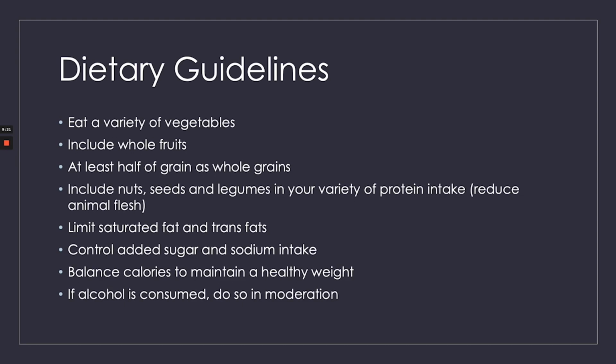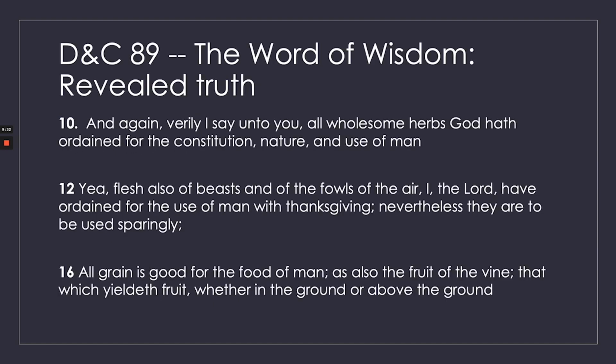Okay, so these guidelines are based on scientific discovery over the last century, and I want to demonstrate how sometimes both scientific discovery and revelation both lead us to the same truth. In the Doctrine and Covenants section 89, which is the word of wisdom, the Lord states in verses 10, 12, and 16, "And again, verily I say unto you, all wholesome herbs, God hath ordained for the constitution, nature, and use of man.